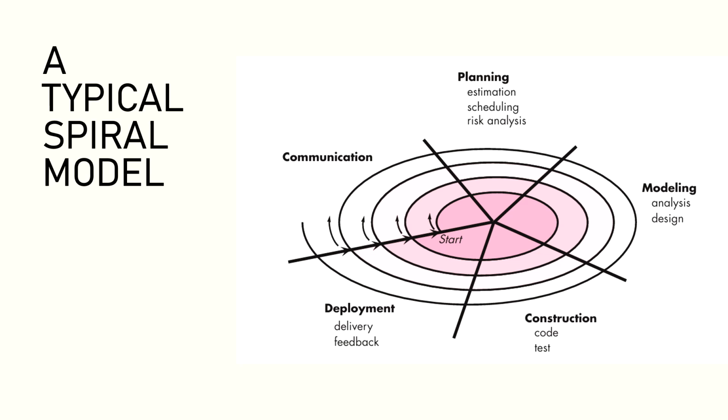In the first lap, your release might just be a document. जब पहली iteration, पहली cycle complete होगी, so you may end up giving a simple document which might contain some basic requirements. On the second lap, it's a prototype. By the third or fourth lap, you have working software versions.